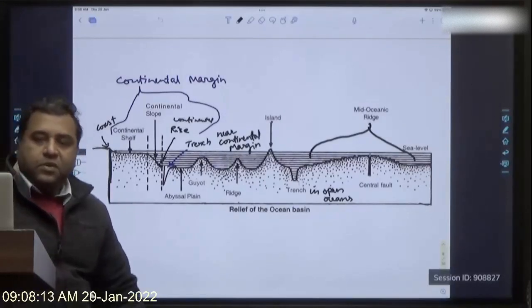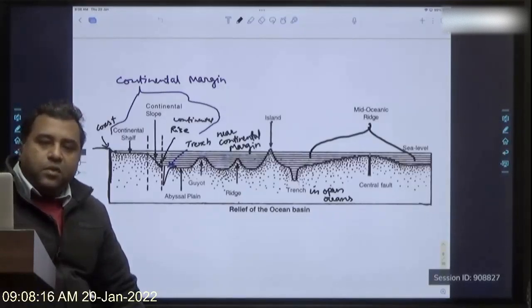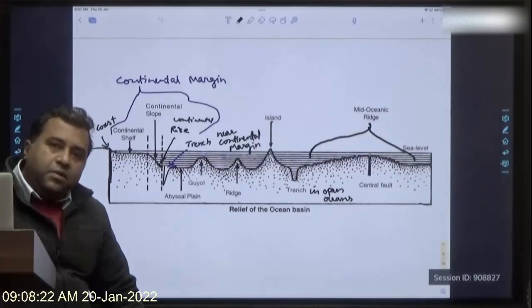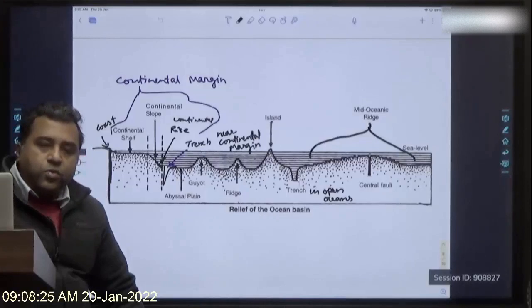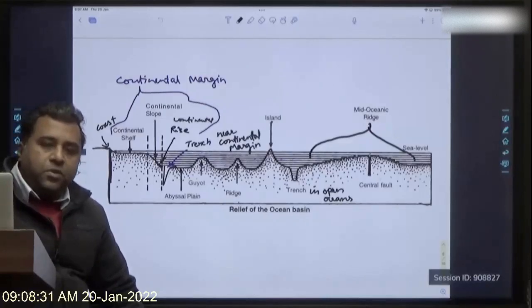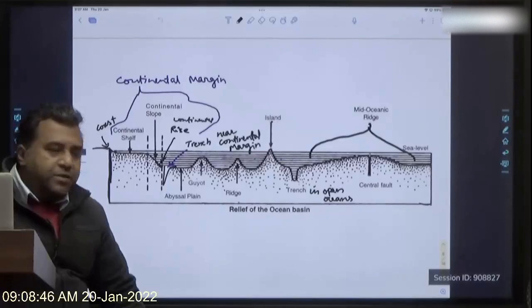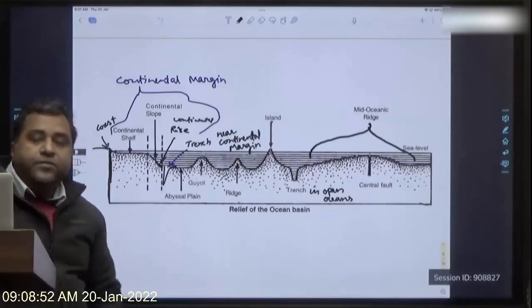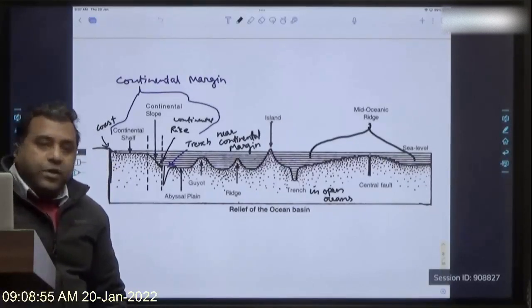You can write: one, we found that continuous slow volcanic eruptions take place all along the central fault of the MOR.